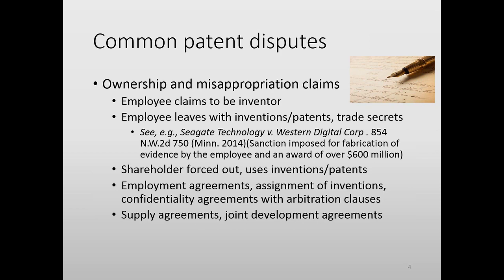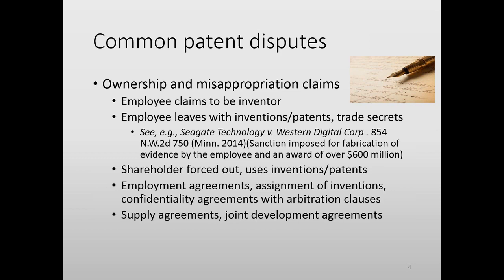Another pattern you might see is a shareholder who's forced out, but then goes ahead and uses patents and inventions. If they happen to have an arbitration clause in the shareholder agreement, you're going to have those kinds of disputes in arbitration. And many employment agreements, of course, have assignments of inventions and so forth.